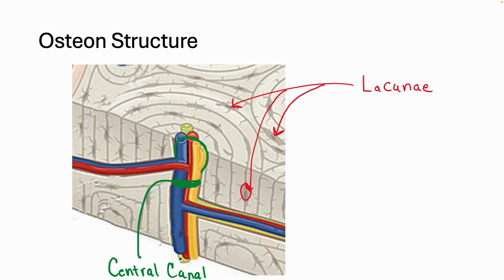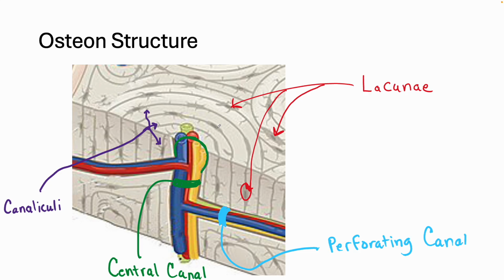This is going to be serving the osteon with blood, lymph, and nerves. And then you will have a perforating canal that connects the different osteons together. Within the osteon, the lacunae are going to be connected via canaliculi, so that the osteocytes that are present there have a way of receiving nutrients and communicating with one another.